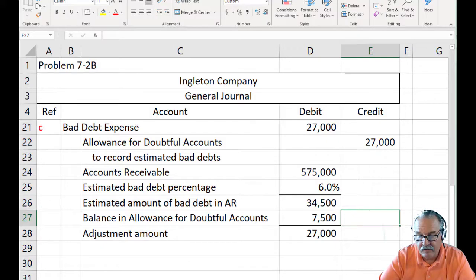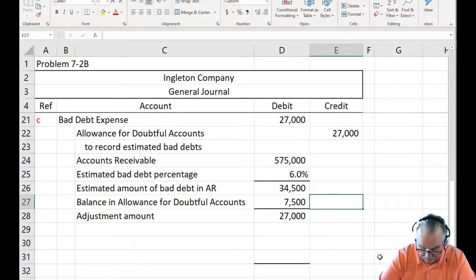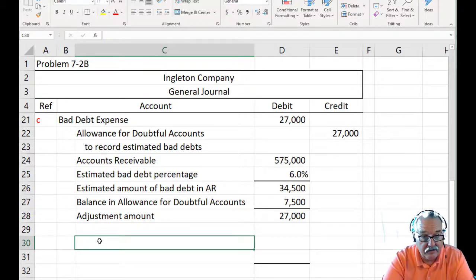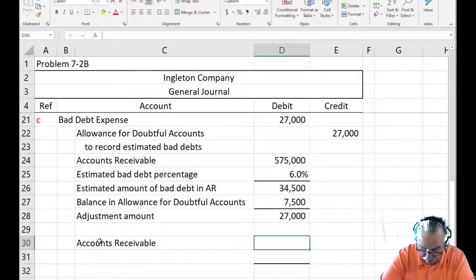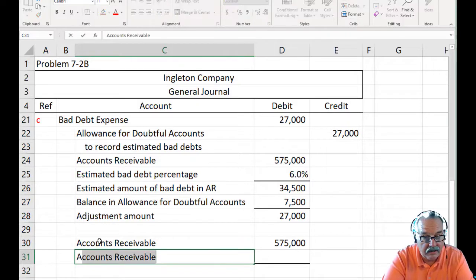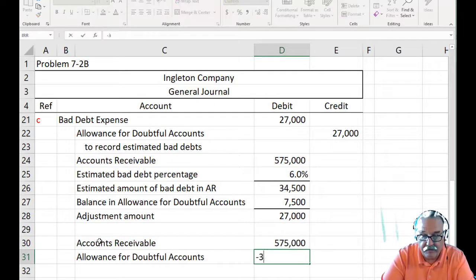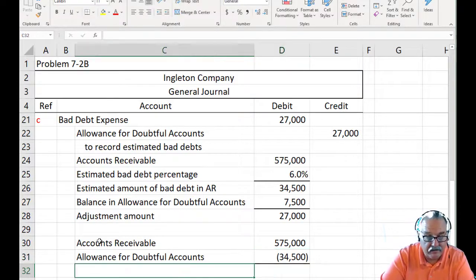And then they've asked us to calculate the net realizable value. And so the net realizable value is the difference between the balance in accounts receivable, which is 575,000, and the balance in the allowance for doubtful accounts, which is now going to be 34,500 credit balance.